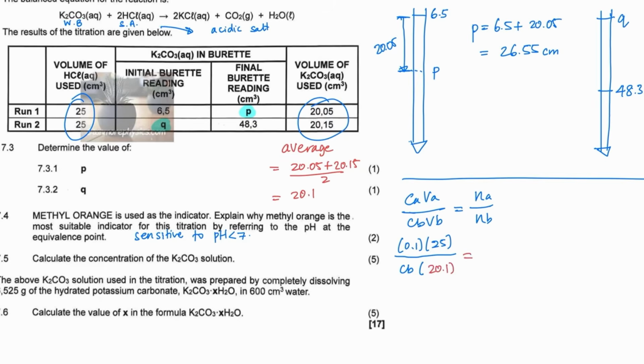And then Na over Nb, that's straight from our chemical reaction. So the acid is 2 and the base is 1. It is the mole ratio. And now you can solve for Cb. So Cb is equal to 0.062 moles per dm cubed.